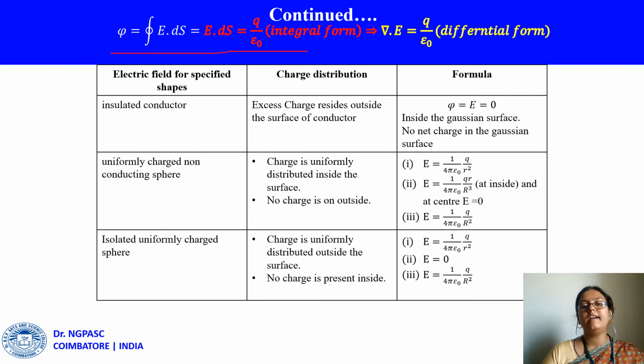In case of a conducting sphere, no charge will be present inside the Gaussian sphere. So in the second case, the electric field inside the sphere, E, will be completely 0, while here it will be nonzero inside.